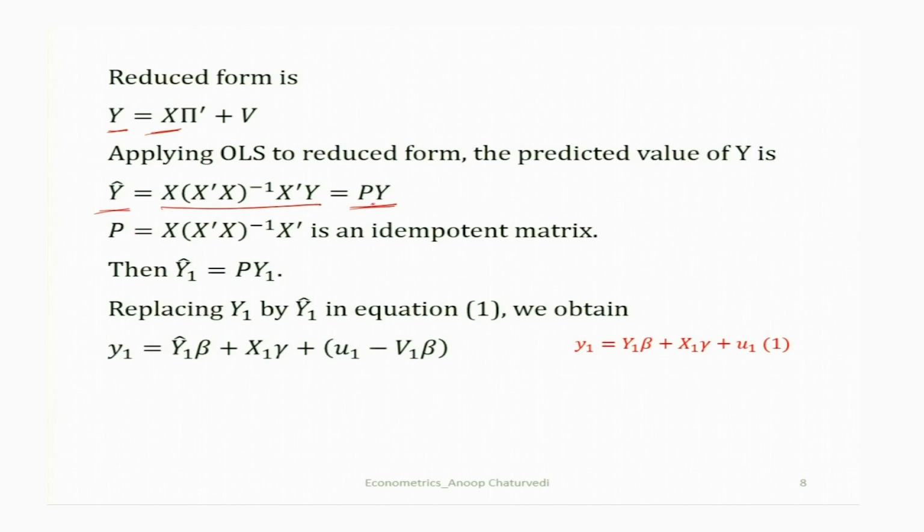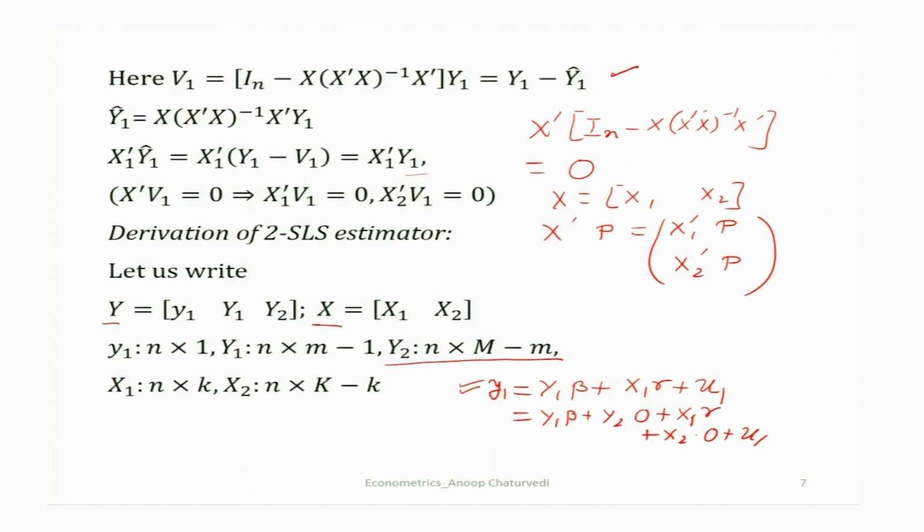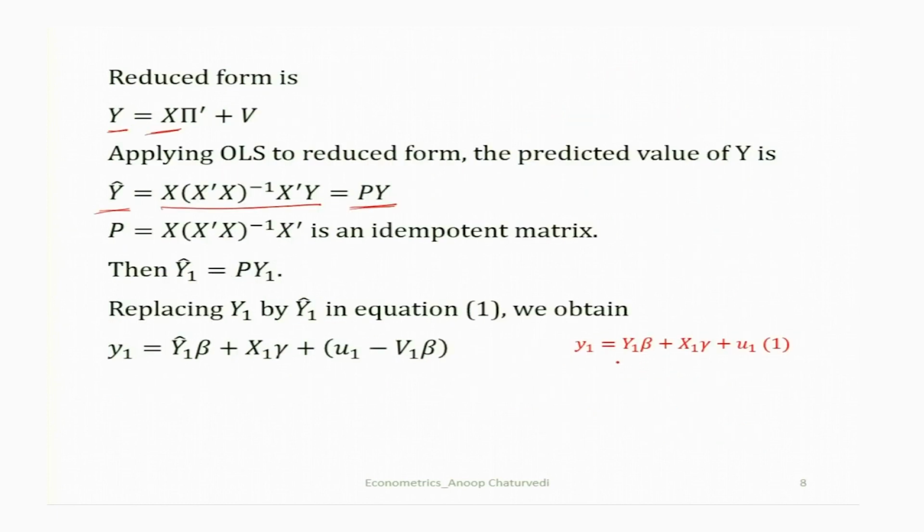You can easily verify that this P is an idempotent matrix, and basically for employing two-stage least square procedure in this equation, you want to replace this capital Y 1 by its predicted value. So, you are interested in obtaining the predicted value of Y 1.